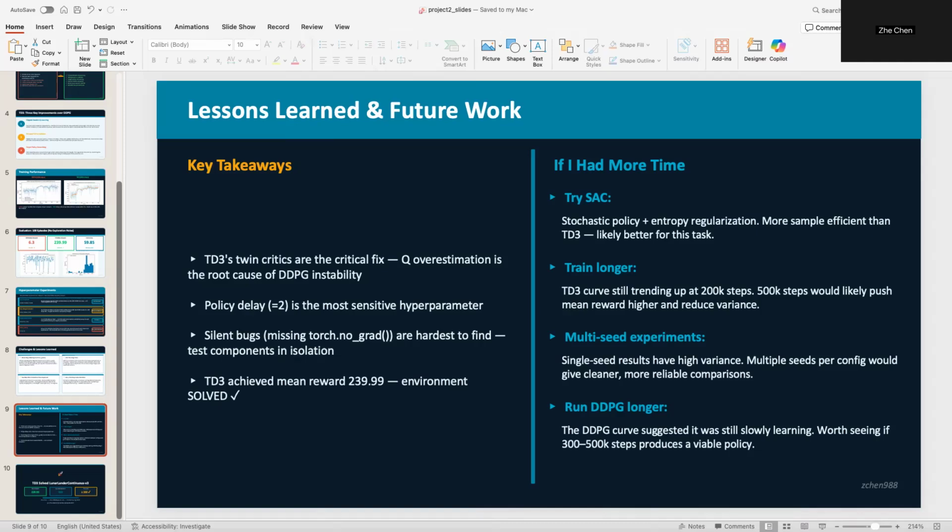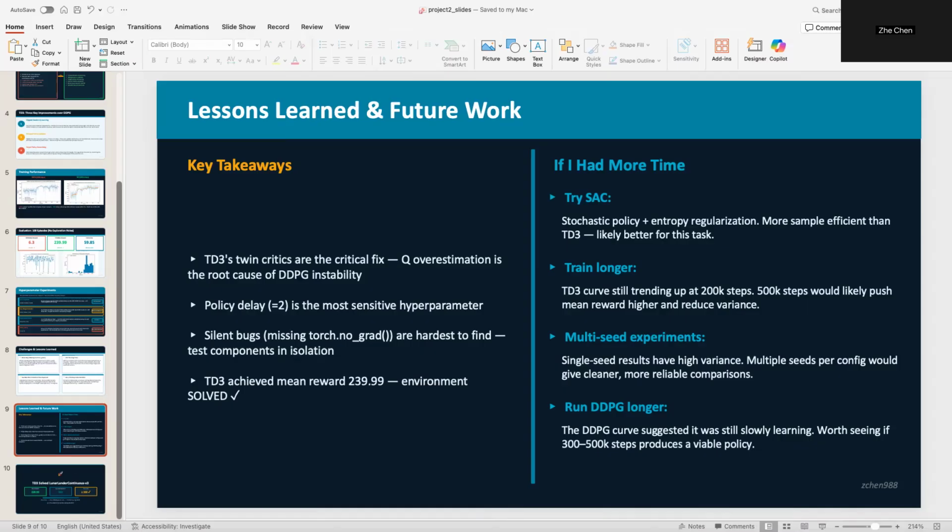The second one is that policy delay is a very sensitive hyperparameter that strongly affects stability. Third, debugging reinforcement learning systems can be challenging, because most of the time the failure shows up as poor performance rather than a clear error.